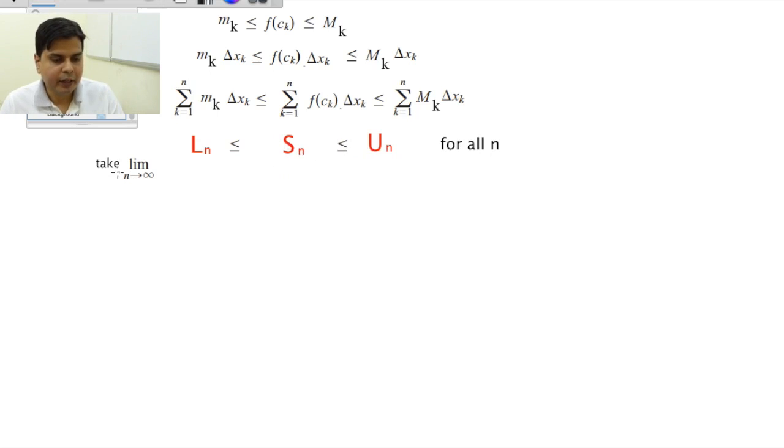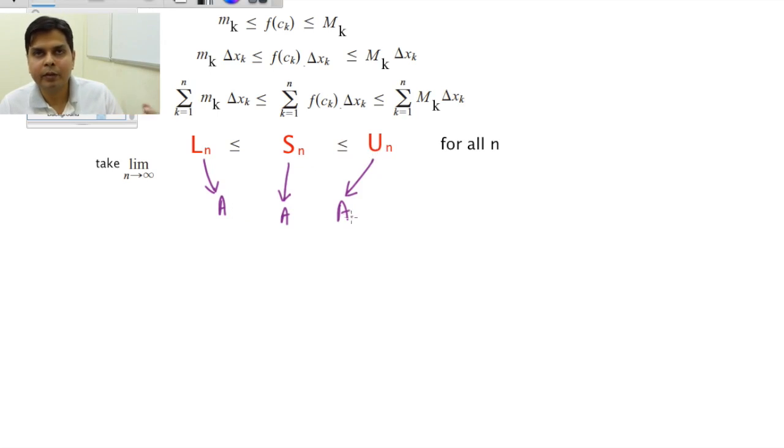Now as I take the limit n tends to infinity, I know that this L_n tends to a. Similarly, I know that this U_n tends to a. Then does S_n have any other option but to tend to a? By the sandwich theorem, because this S_n is bound between L_n and U_n. L_n is telling that I am going to converge at a.